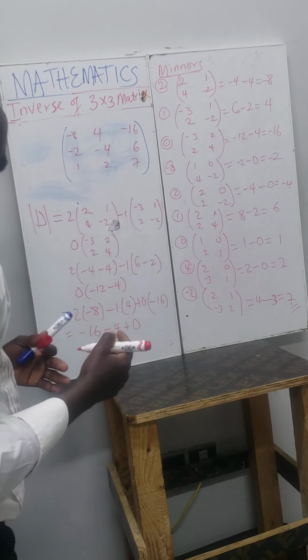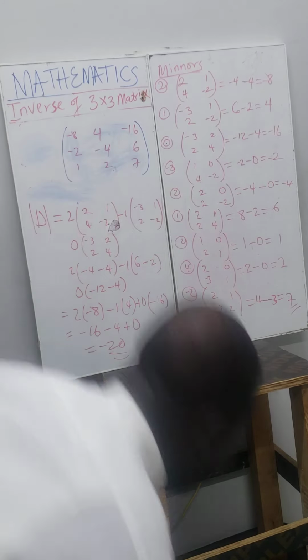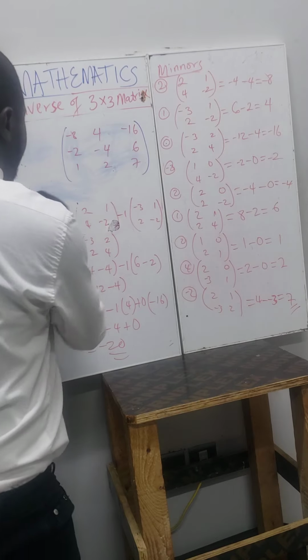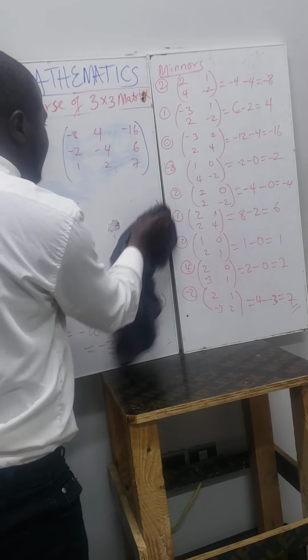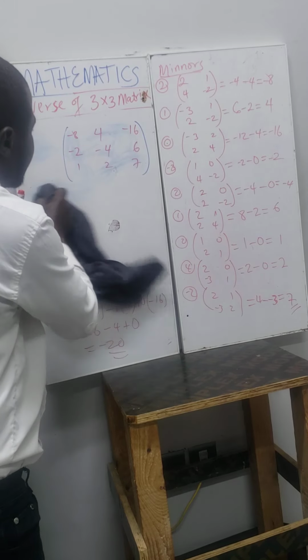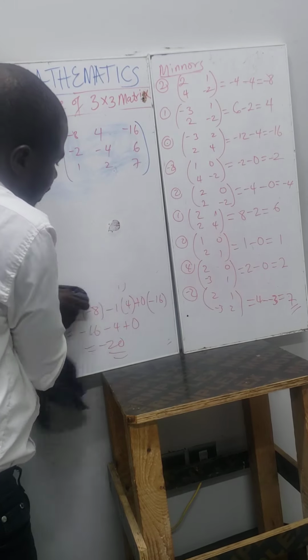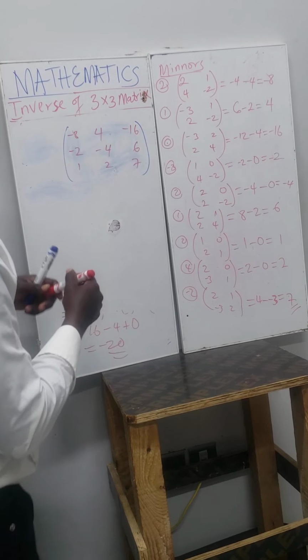Now the next thing is you find the transpose of the minors. We have been able to find the transpose before now in our previous lesson. Transpose is nothing but just interchange the rows for columns and the columns for rows. That is the meaning of transpose.